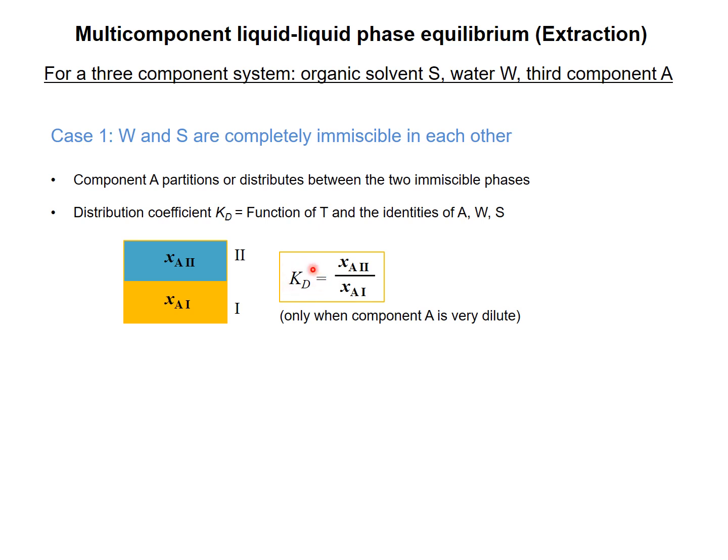The distribution coefficient is a function of temperature and the identities of the third component A, the first solvent and the second solvent. So by using this kind of phenomenon, you could extract the third component A from phase 1 to phase 2, or vice versa.